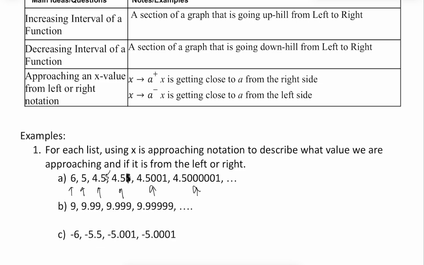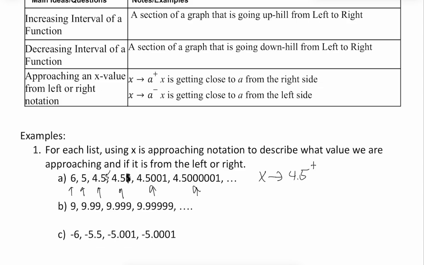You don't have a lot more, but you have a little bit more. So how do you write that notation? X is approaching 4.5. That's the first thing to figure out. And since we're a little more than 4.5, definitely 6 and 5 were more than 4.5, we put a little plus there, meaning we are coming in from the right side. The right side on our number line is a little bit more than the left side.